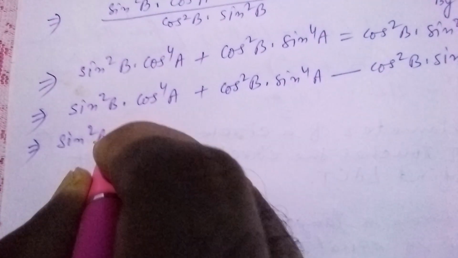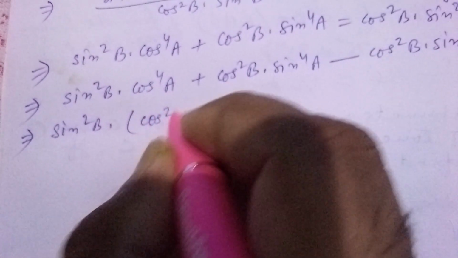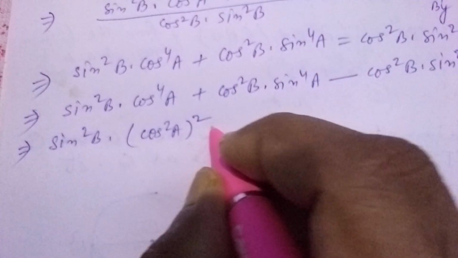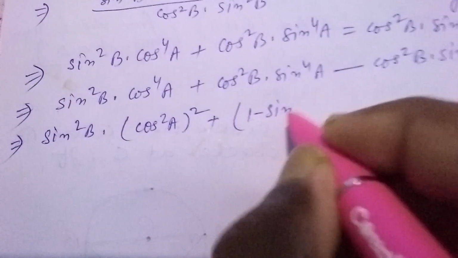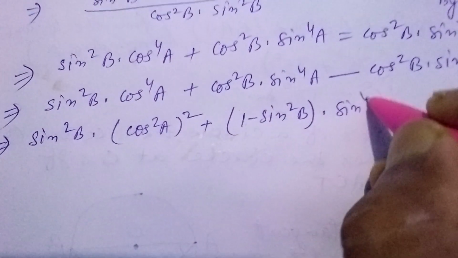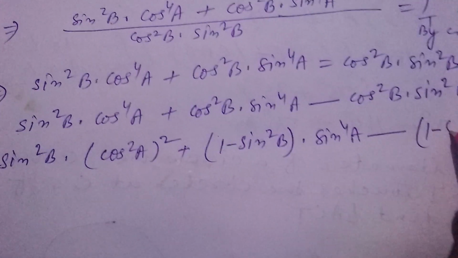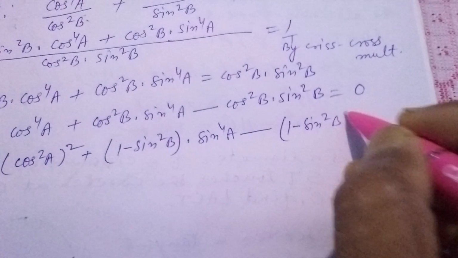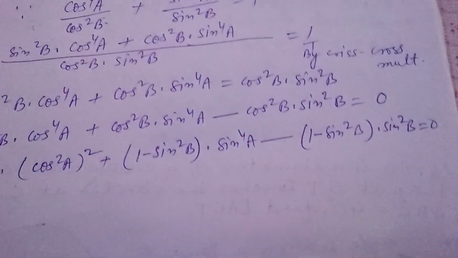Sin square b into cos square a to the whole square plus cos square b, which will be written as 1 minus sin square b, and this sin is already sin so no need of changing it, minus cos square b into sin square b, which is 1 minus sin square b into sin square b, equals 0.